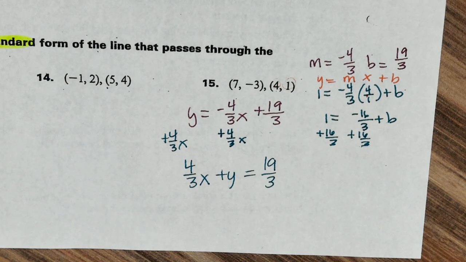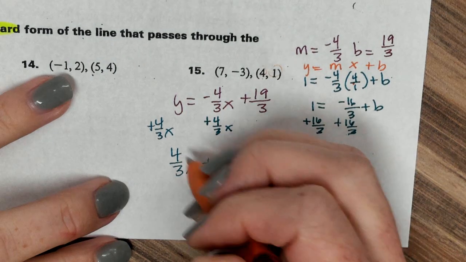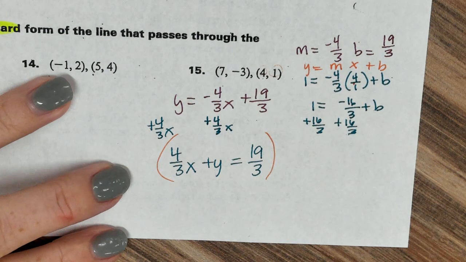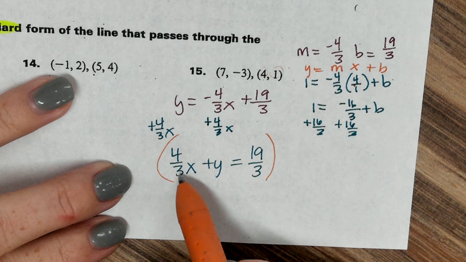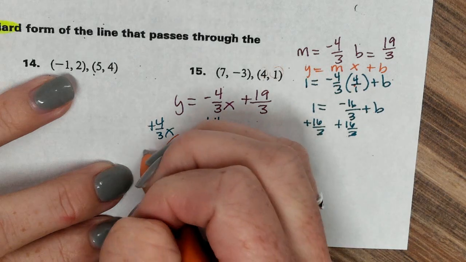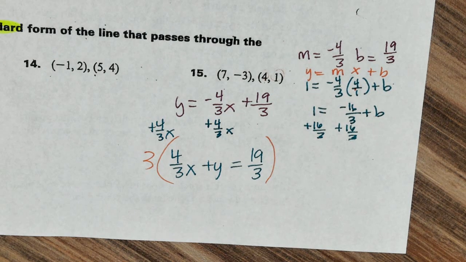Notice that they're all thirds because when I get rid of it, I can simply multiply by the denominator. So I'm going to take this whole equation. Do I need to multiply by a negative? Nope. I just need to multiply by the denominator, which is 3. All that's going to do is cancel out that denominator and leave me with the numerator multiplied by the 3.